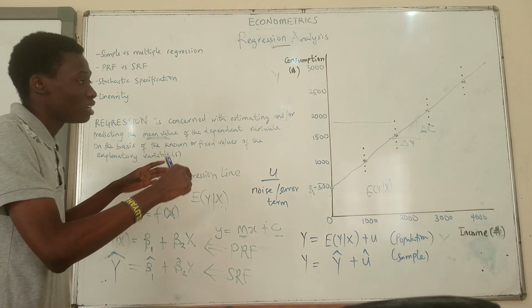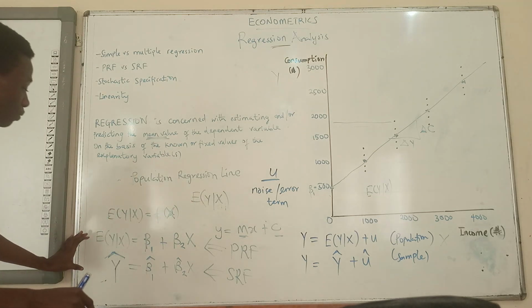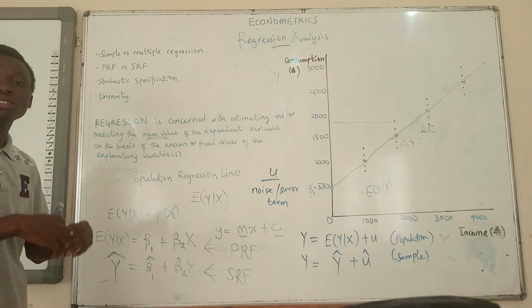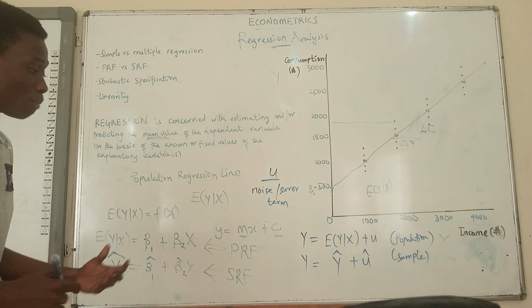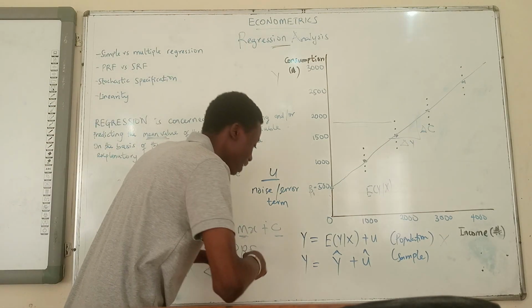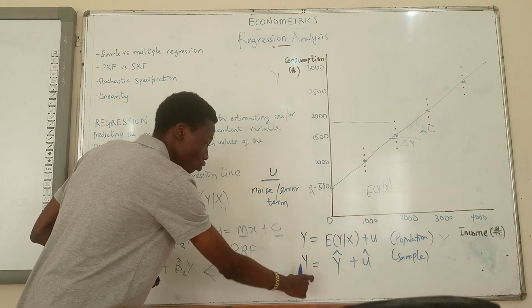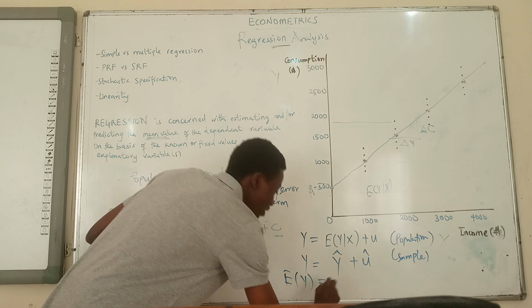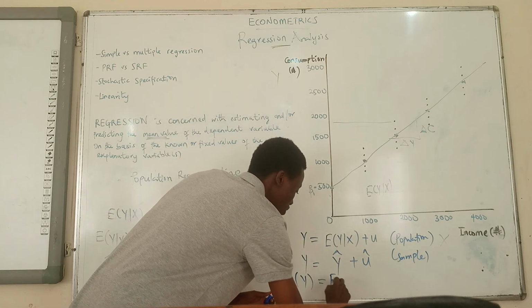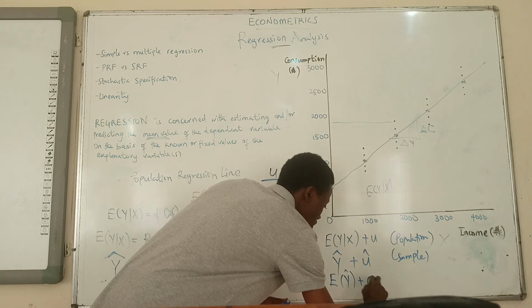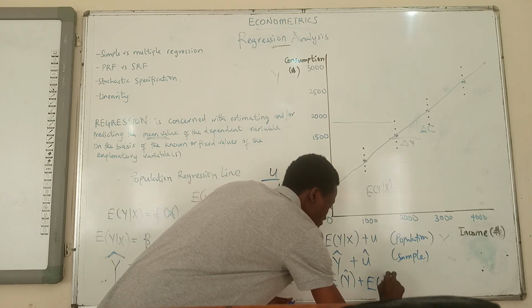And we see that specifying it in this sort of regression form doesn't cause problems, because if we take expectations, the expected value of Y is the expected value of this plus the expected value of the error term.